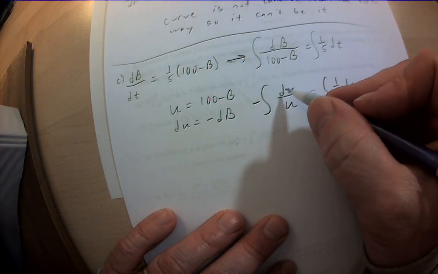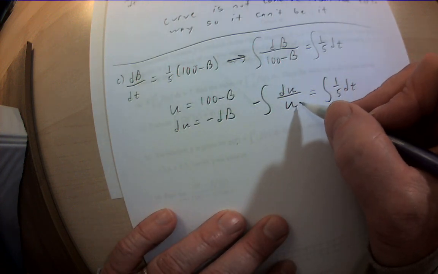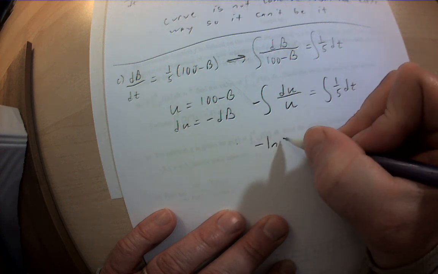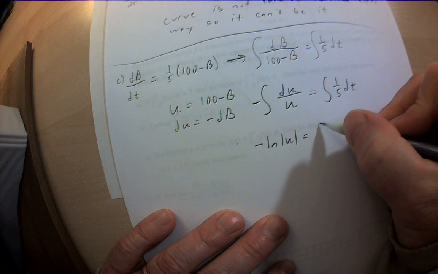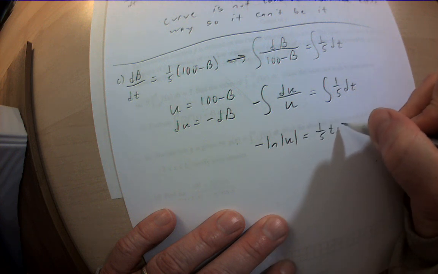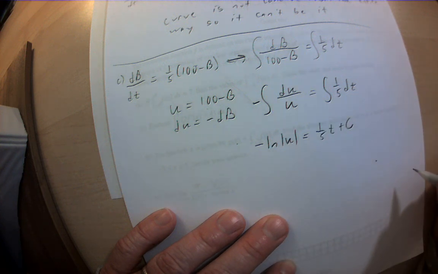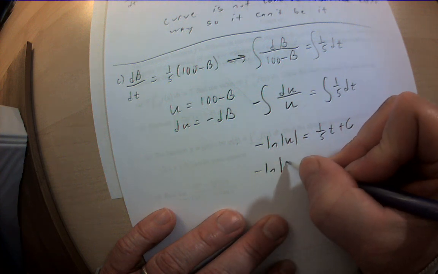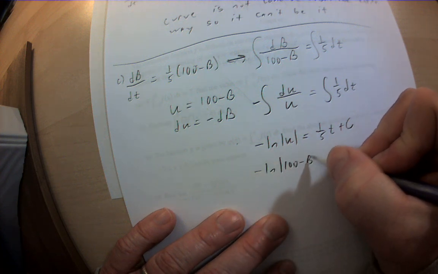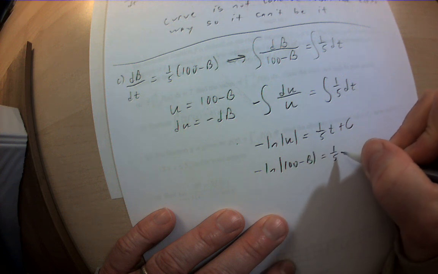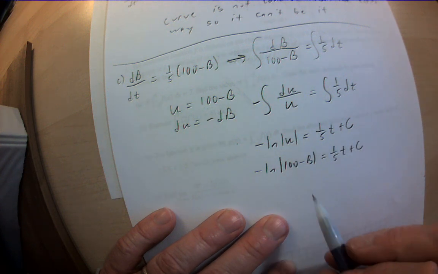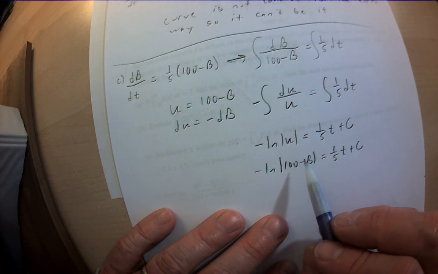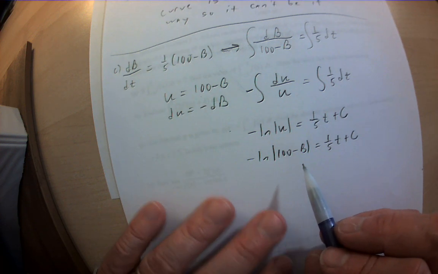Take the integral. Remember, this is a special case when you've got u to the minus first power. The integral of that is natural log. So you get negative natural log of u equals 1/5 t plus c. Substitute back in: negative natural log of 100 minus b equals 1/5 t plus c. You could use the absolute value, but 100 minus b is always positive, so I don't really have to worry about it.